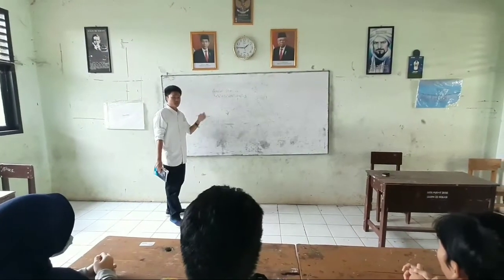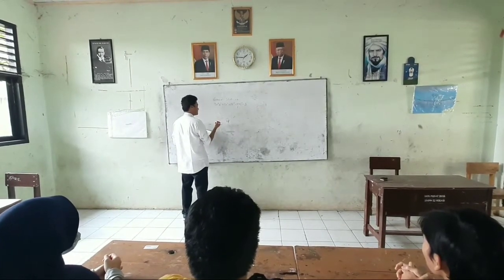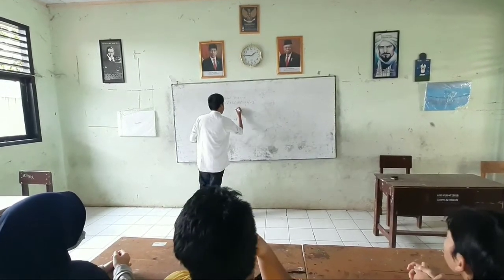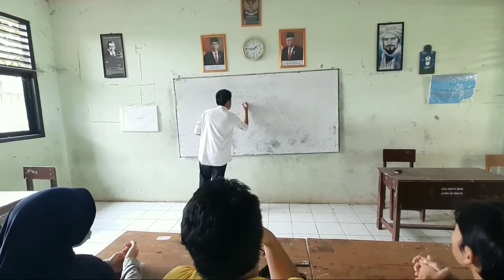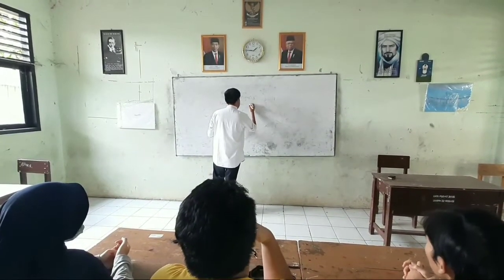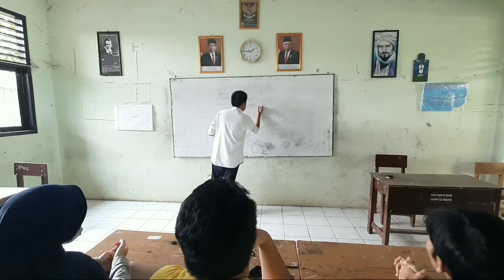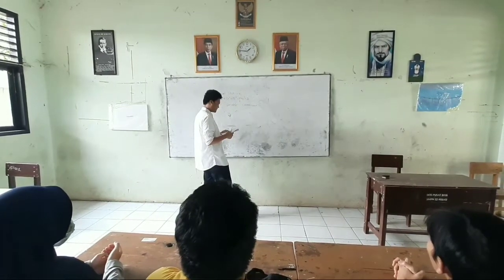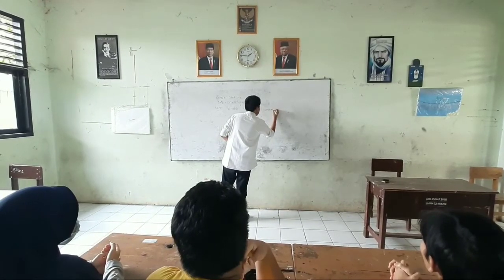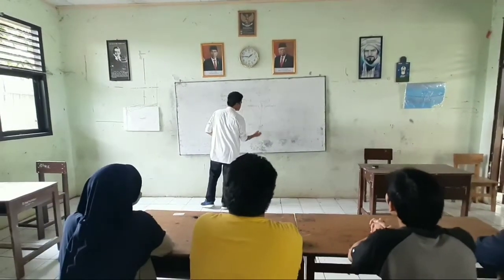In this structure, we have 4 different parts. The first one is a term. The second one is a variable. The third part is a coefficient. And the last part of this structure is a constant. And I make a table like this.